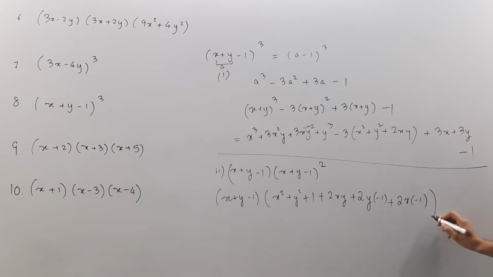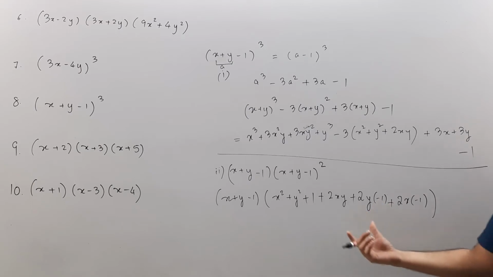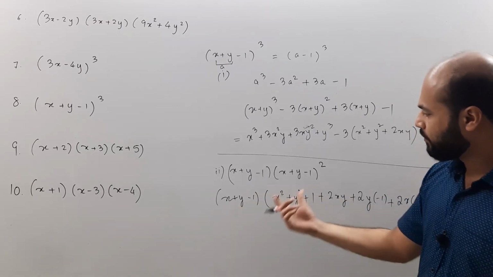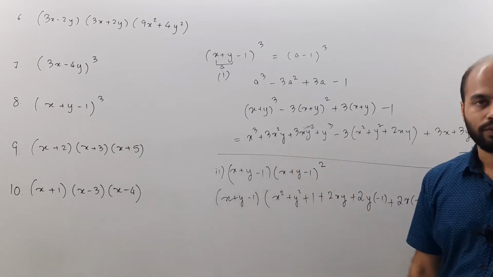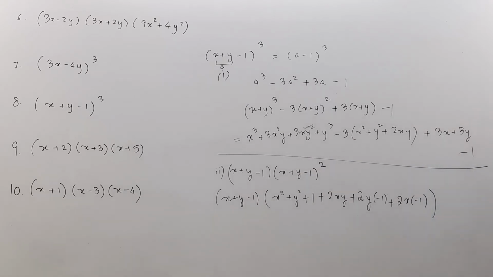So finally we would get it as minus 2y and minus 2x. Now we can very well expand this into this and we will get finally the same expression. Now let us go to problem 9 and 10.